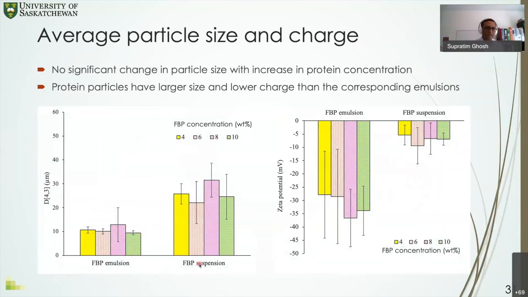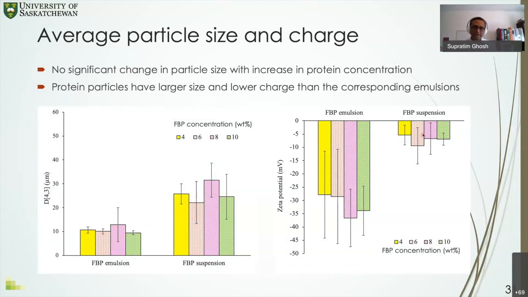These data are protein suspensions, so just the protein, not emulsion. What we saw is the protein suspensions are large aggregates. They are also homogenized because we wanted to compare. But when you have oil, because now the proteins are adsorbed on the oil droplet surface, the droplet size is significantly lower compared to the particle size of the protein suspension.